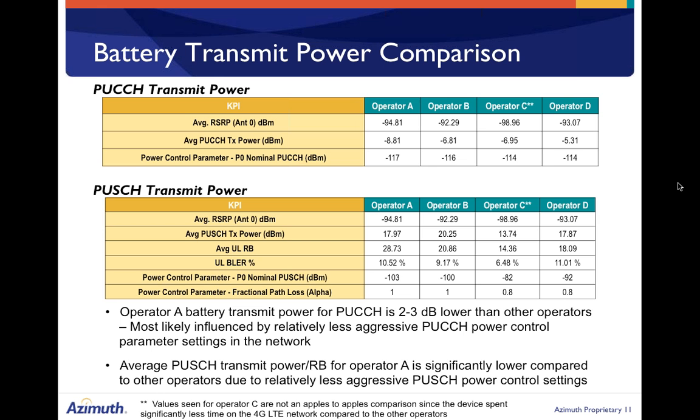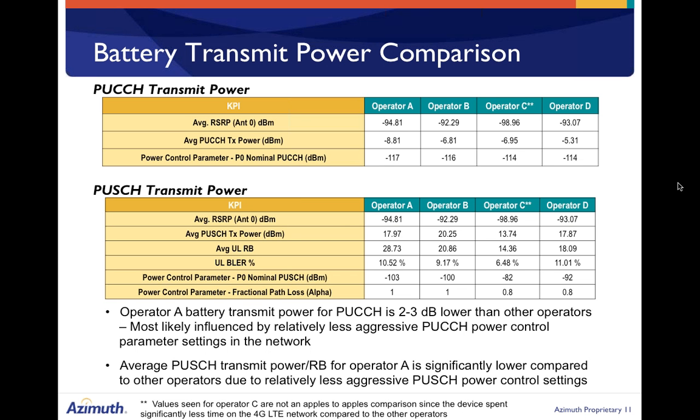So even if you're doing FTP downloads, there's a lot of control signaling that goes from the UE to the network, and all of that control signaling goes over the PUCCH channel typically. And if you look at the table over here, it becomes obvious that even though the coverage is kind of similar between operator A, B, and D, for the purpose of this analysis, I think we should ignore operator C. The reason being, as we showed earlier, operator C was spending a considerably low amount of time on the LTE network, so the majority of its time was spent on the 3G network.